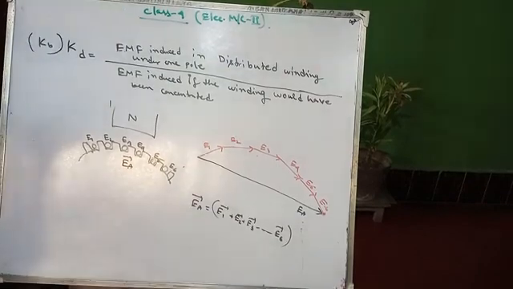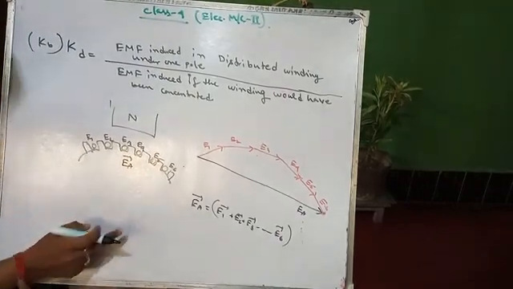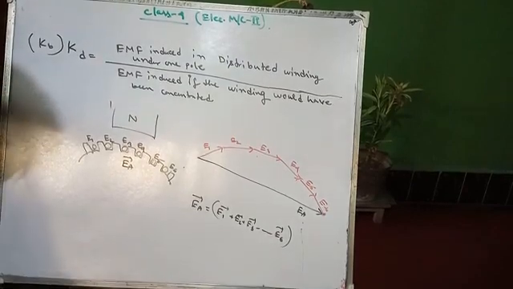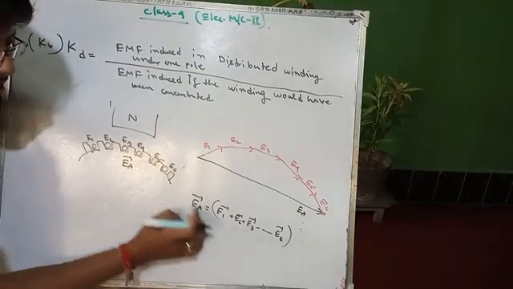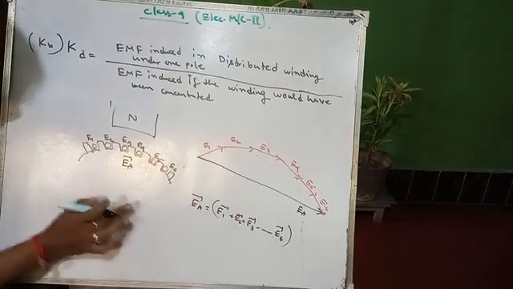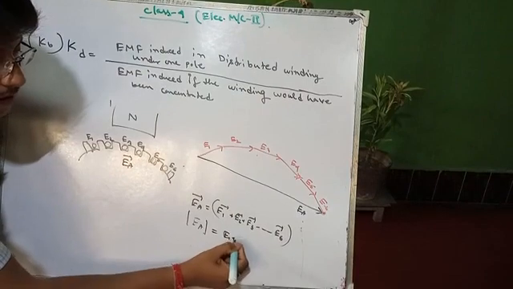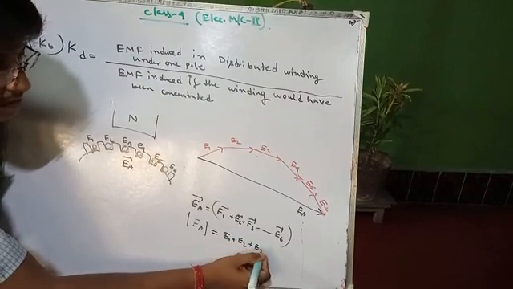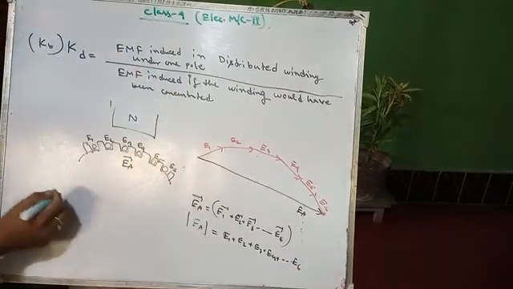EA means the total resultant sum of these distributed windings. The algebraic sum, modulus of EA, equals E1 plus E2 plus E3, and so on up to E6. So what is the KD?